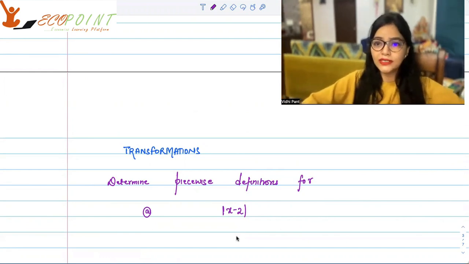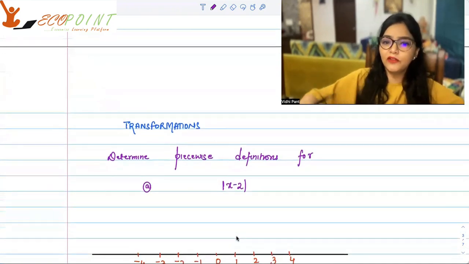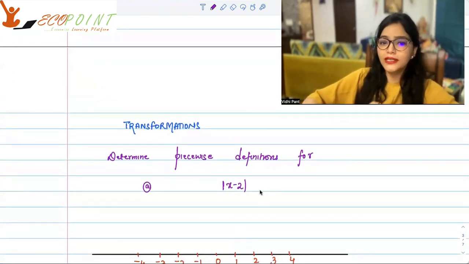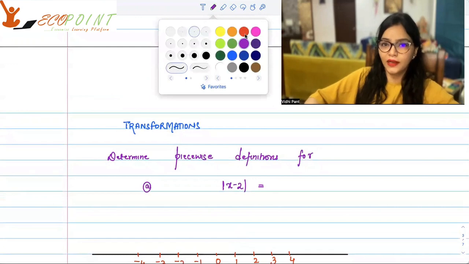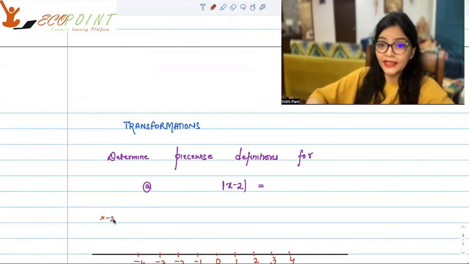Well, let's try to understand it, first of all, piecewise. So determine the definition for mod x minus 2 piecewise. Now, piecewise means that I want to break this up. In order to break this up, I'm going to first take the input inside these two bars, which is x minus 2.